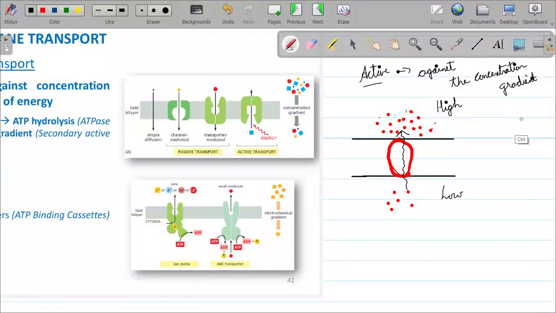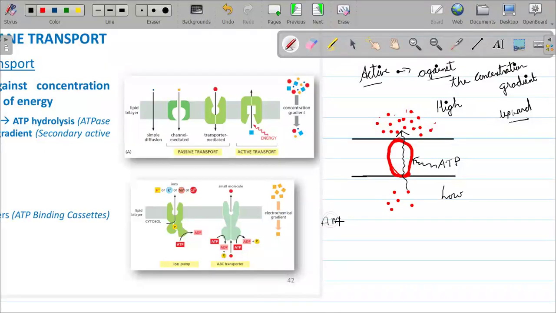That means they are going against the concentration gradient, so they require energy in the form of ATP, which will supply the energy. Using this energy, it is an upward movement, not a downward movement. It's upward movement, going against the concentration gradient by utilizing energy in the form of ATP.